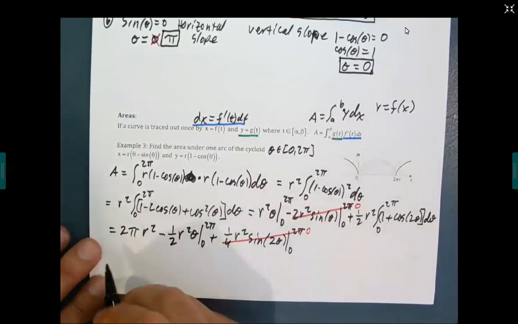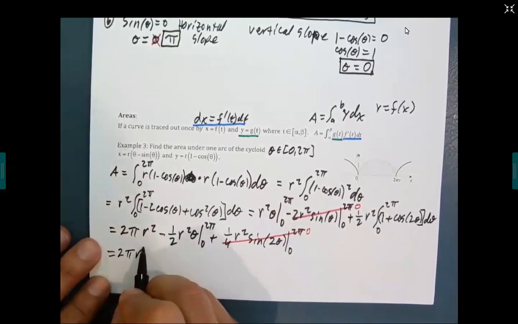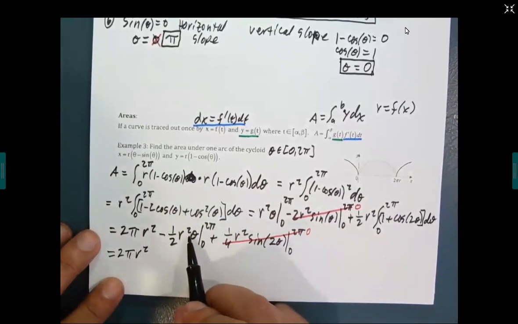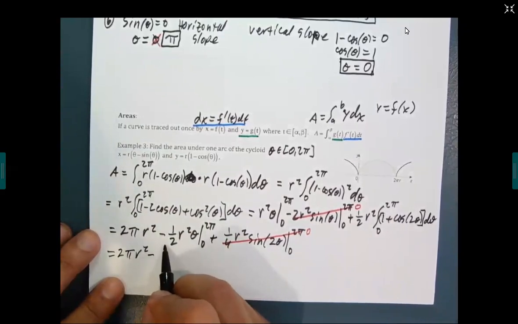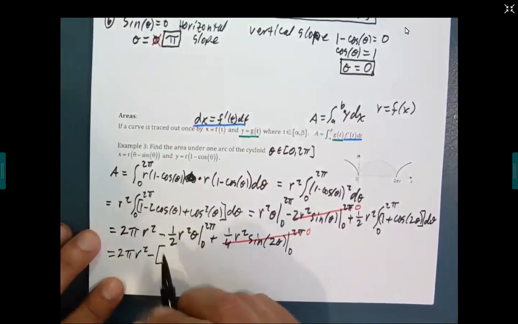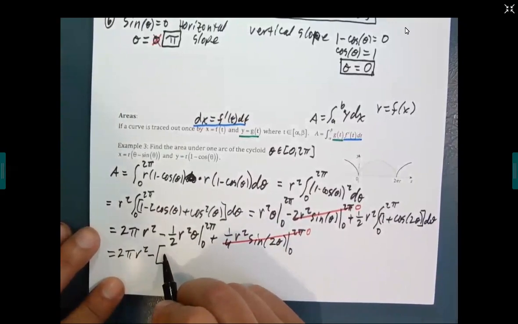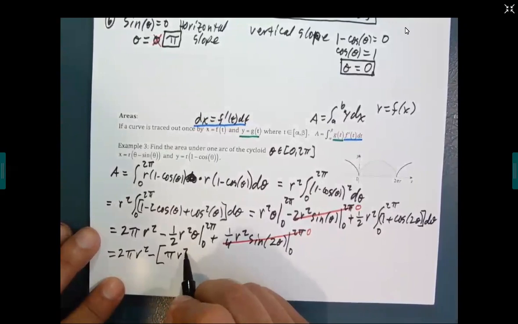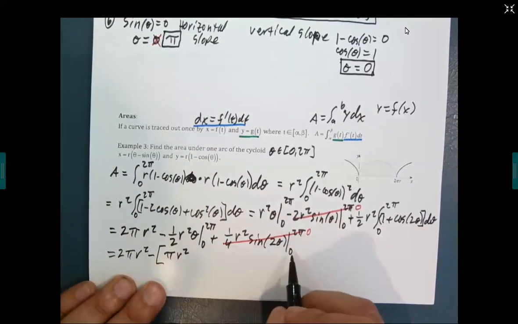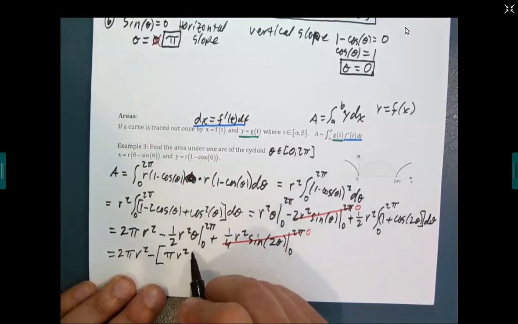So this becomes 2 pi r squared. Plugging in 2 pi there, I'm going to get just pi r squared. And plugging in 0, of course, goes to 0.